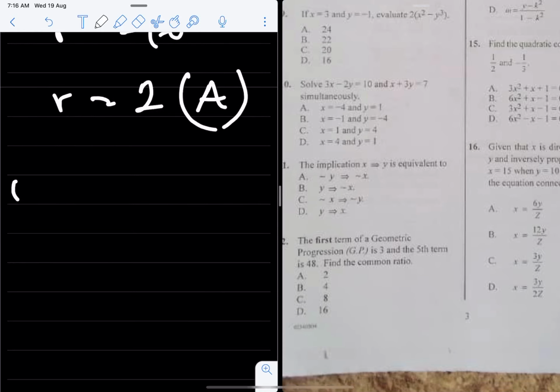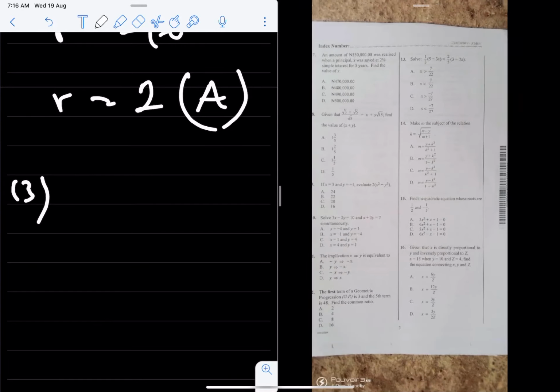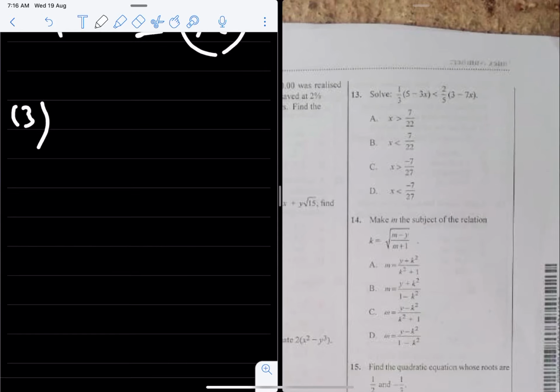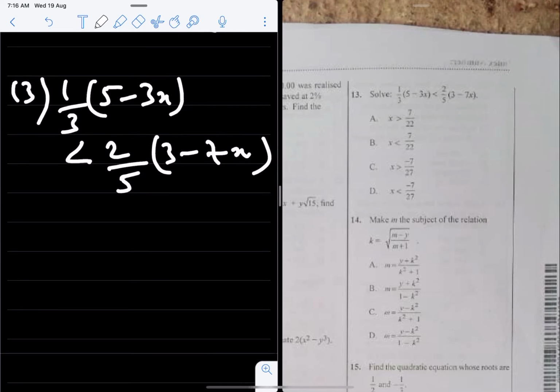Now to number 13 quickly. That says solve the inequality 1 over 3 times 5 minus 3x less than 2 over 5 times 3 minus 7x. What we do here is multiply through by the LCM of the denominators.